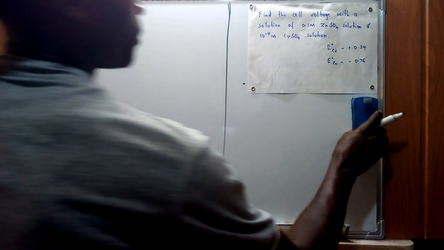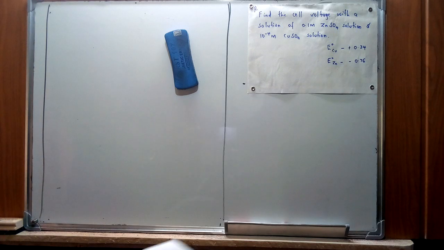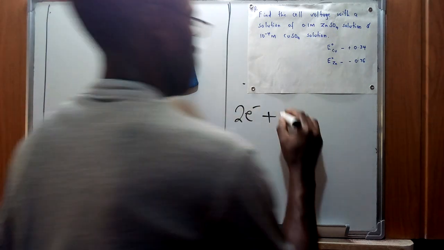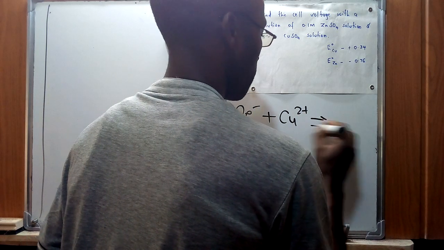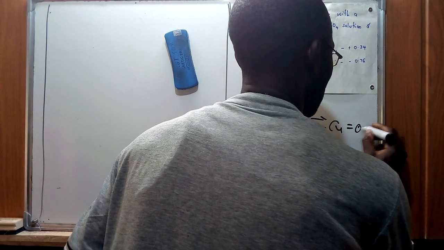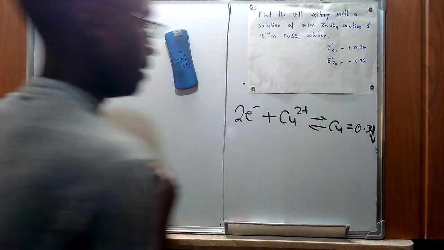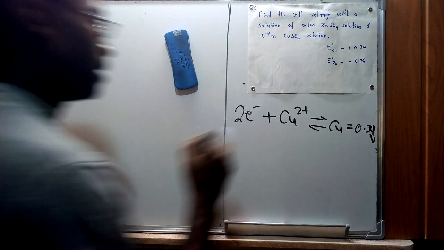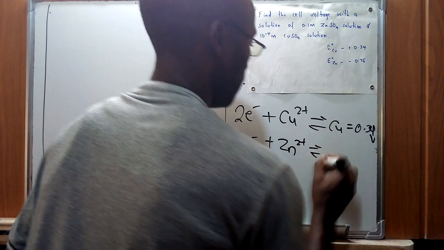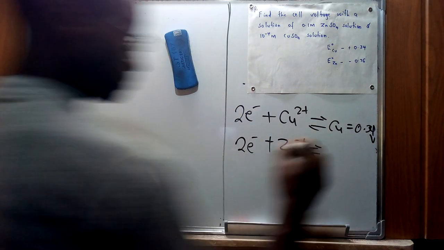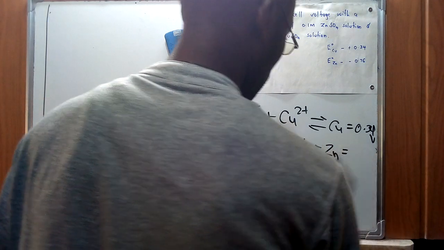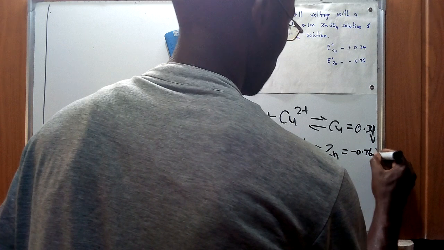The standard electrode potentials for this one, we can illustrate them using an equation. This is for copper, which we have given as plus 0.34 volts. And then we have given another one for zinc, which is negative 0.76 volts.